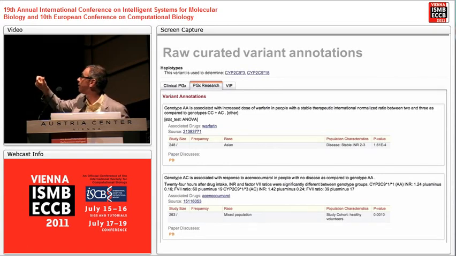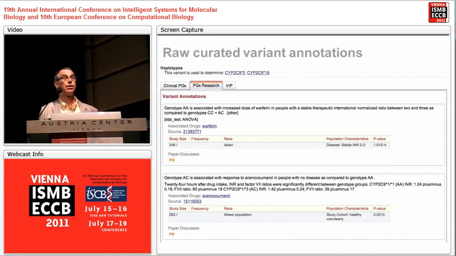So this is a SNP with 2 alleles. And if you are homozygous for AA versus AC or CC, it has a certain phenotype, according to this paper that was published. And they actually now are including the study size, the ethnic origin, the p-values, and this is all in a standardized format, which will hopefully help data mining applications and discovery.